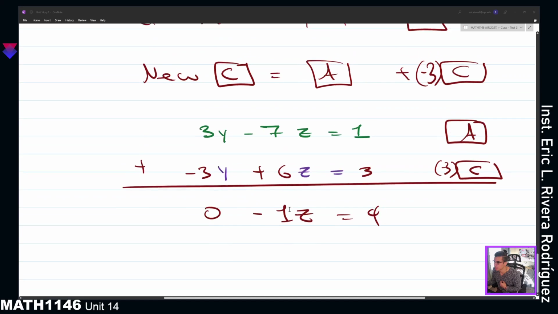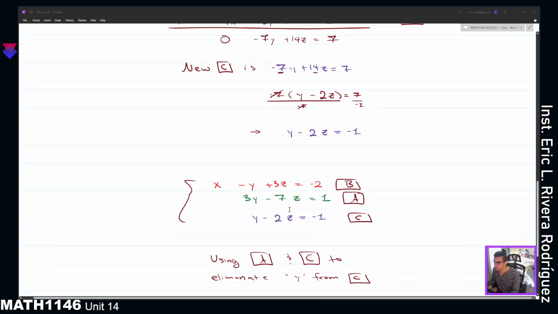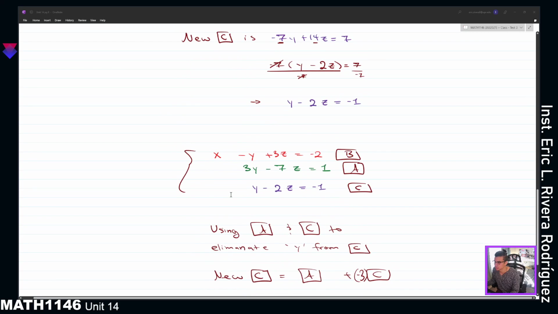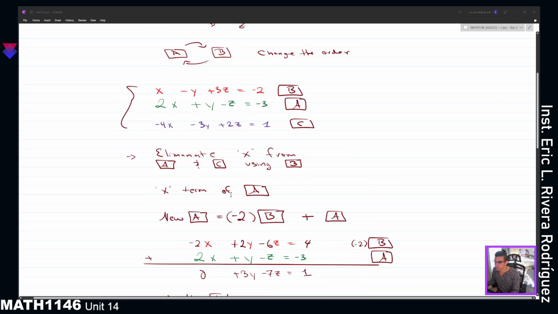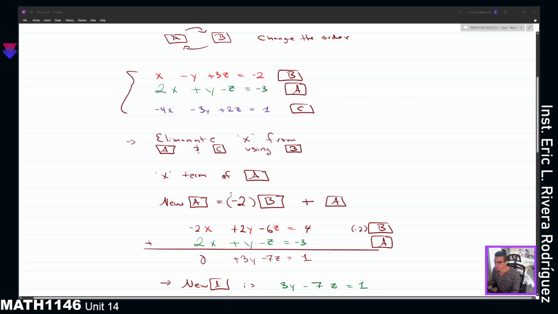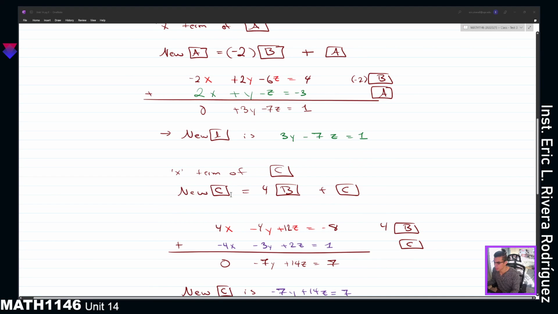Okay, let me verify that everything is correct. What I'm doing right now is just making sure that I am getting the right numbers.